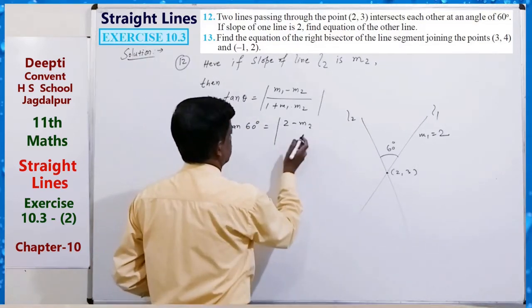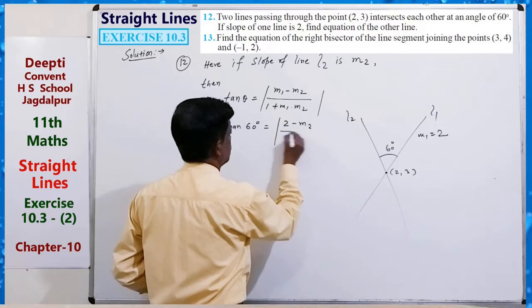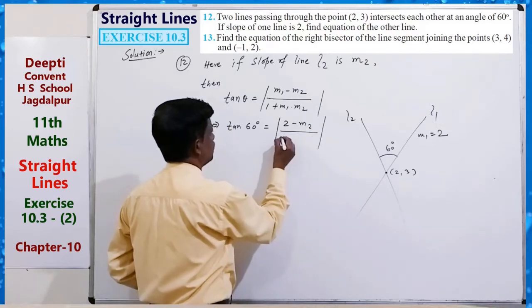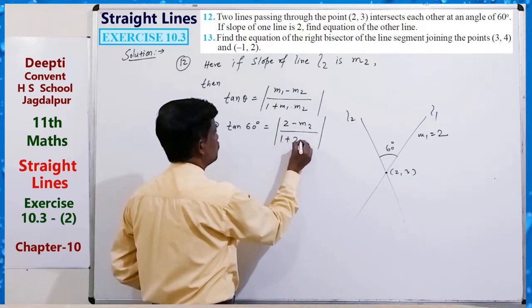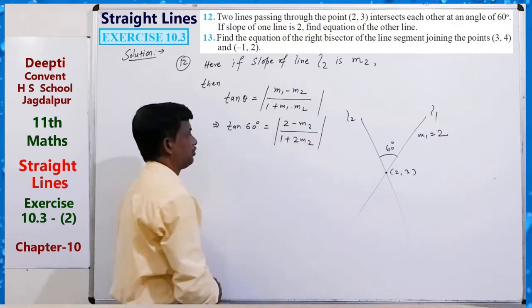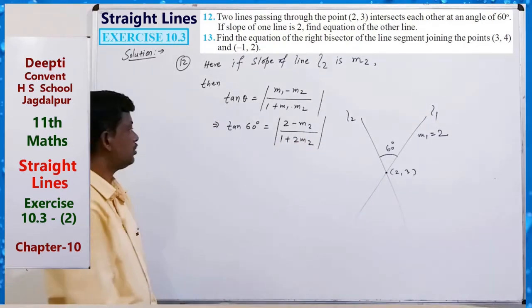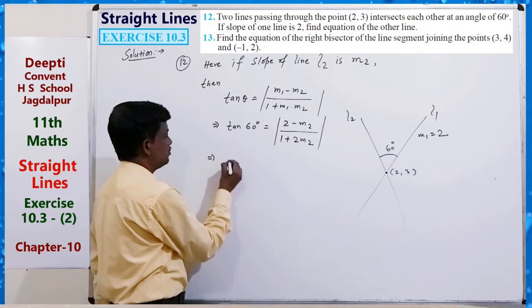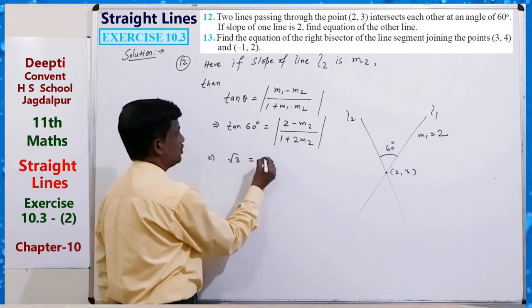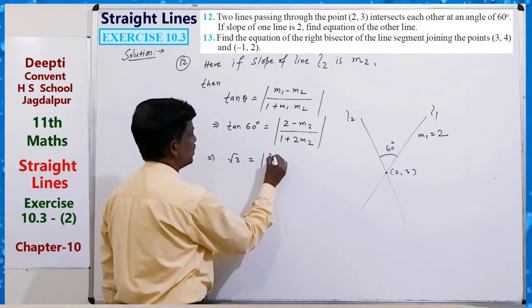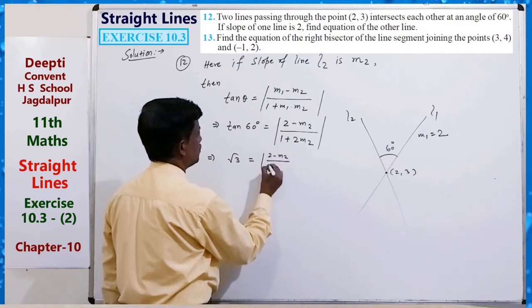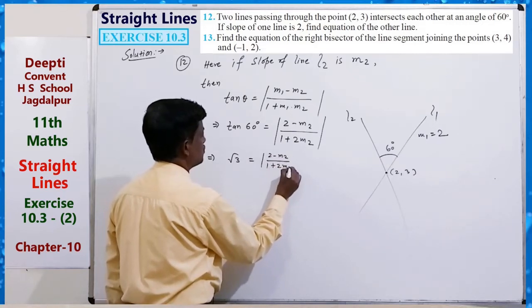So 2 minus m2 upon 1 plus 2 m2. Now tan 60 equals root 3, so root 3 equals 2 minus m2 upon 1 plus 2 m2.